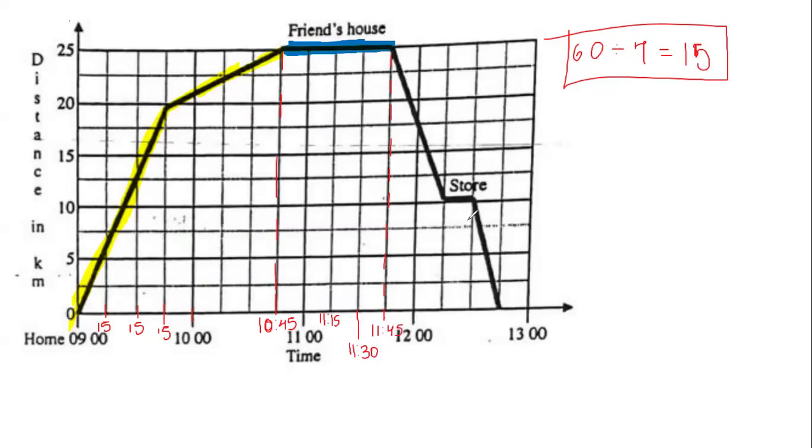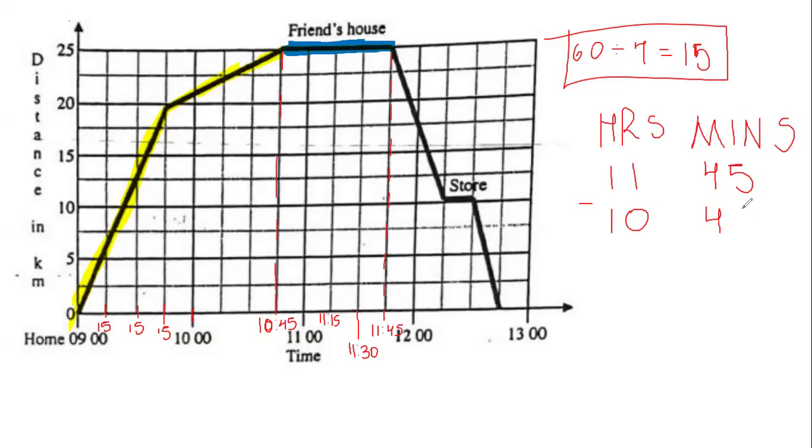How is that an hour and 15 minutes? Let's subtract hours and minutes. 11:45 is the time he left, and 10:45 is the time he arrived.